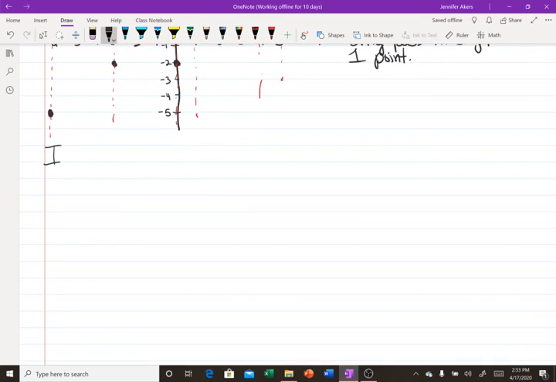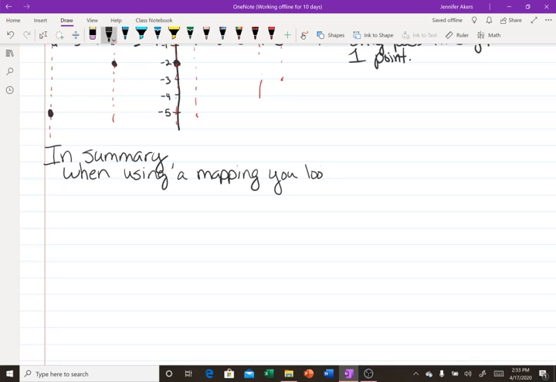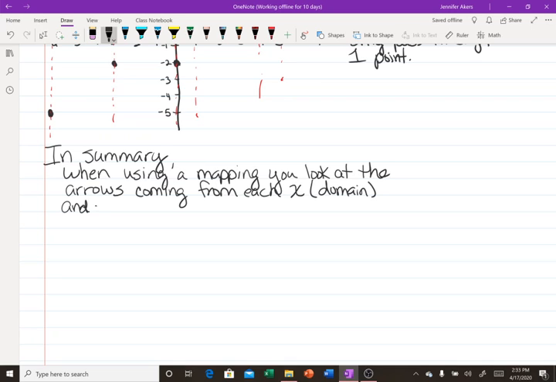In summary, when using a mapping, you look at the arrows coming from each x or domain value and make sure only one comes from each.